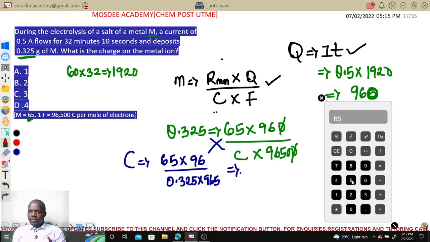This is 65 multiplied by 96, 6240. Then 0.325 times 965, that gives 313.625. Then 6240 divided by 313.625.